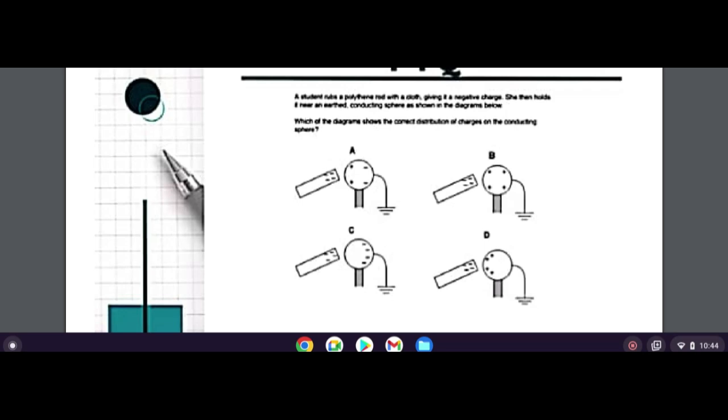The first one is negative and then positive and negative. This is negative, this both is positive. And this one is negative, whole is negative, and this is negative and this is positive. This is negative, this is positive and negative. Which one shows the correct distribution of charge on the conducting sphere?